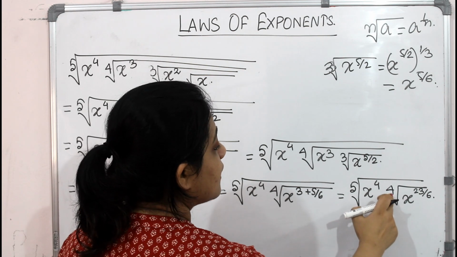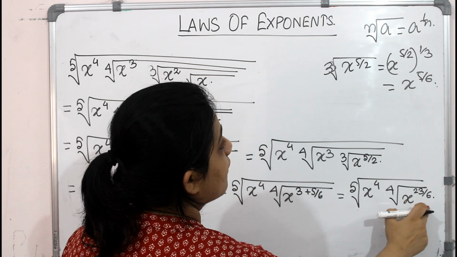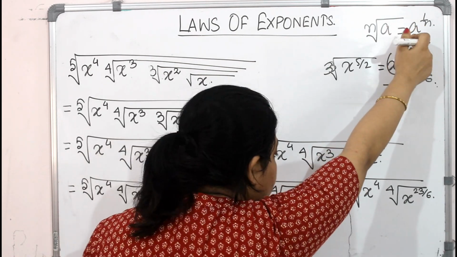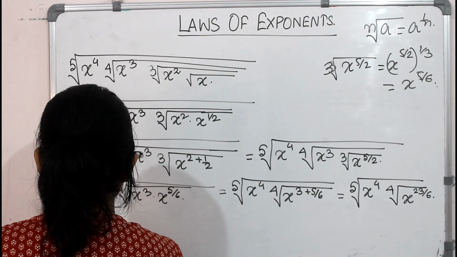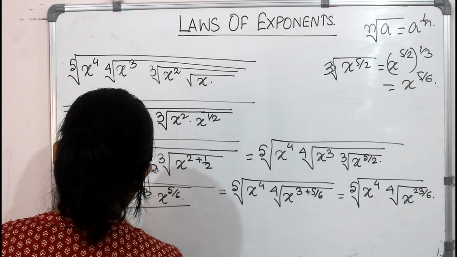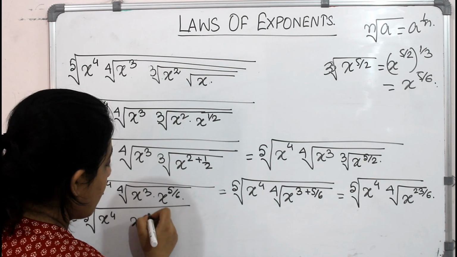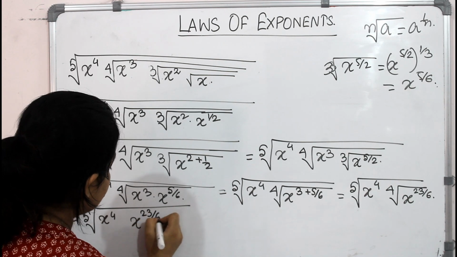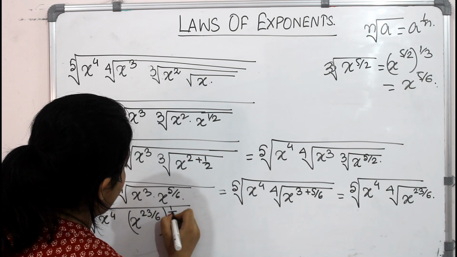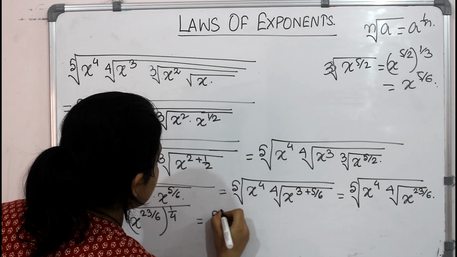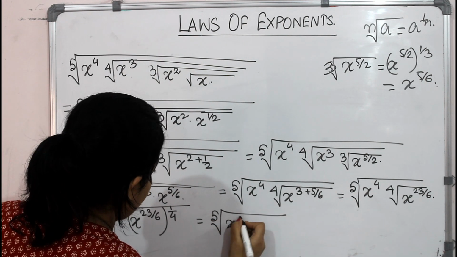Now here this is fourth root of x to the power of 23 by 6. So again you are going to use this formula over here. So fifth root of x to the power of 4 into x to the power of 23 by 6 to the power of 1 by 4.